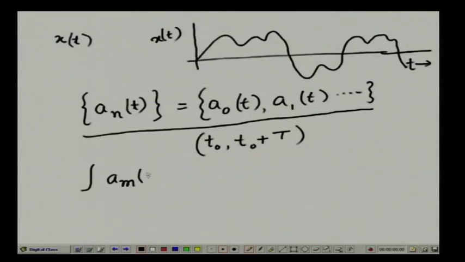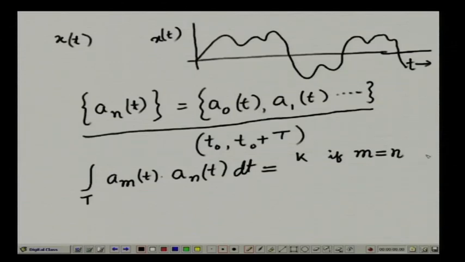the function a_m(t) into a_n(t) dt, and take the integration of this over the interval capital T, then this integral will be equal to some constant k if m is equal to n, and this will be equal to 0 if m is not equal to n.